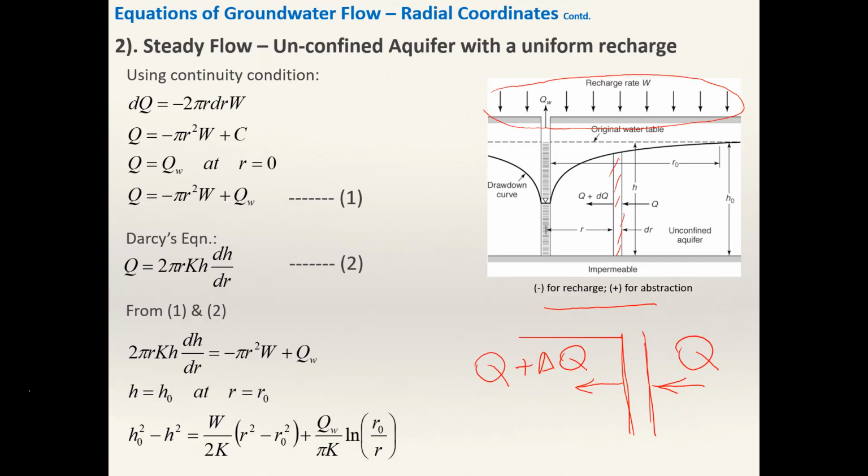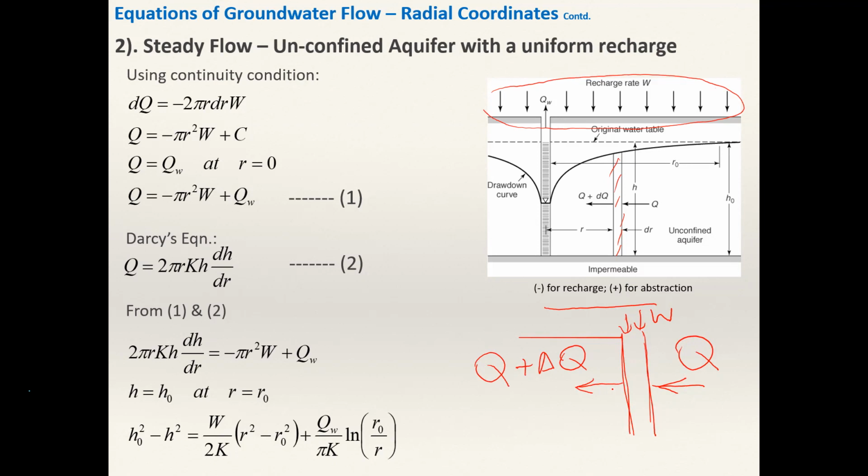The reason is we have a recharge coming from the top. More water is added from the top in addition to this water coming from the aquifer. That is the major reason, right?